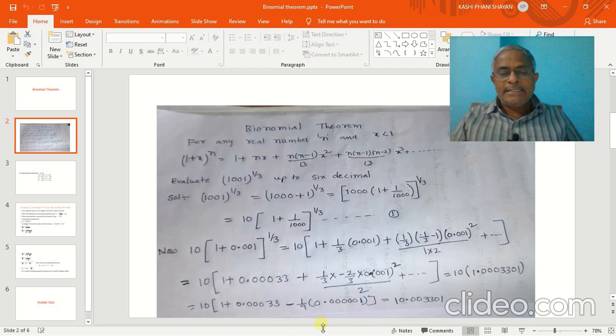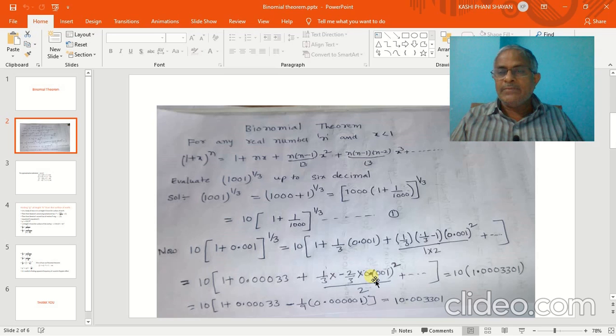If you calculate this value, you will get 10 into 1.0003301. When you multiply with 10, you are going to get the answer as 10.003301.